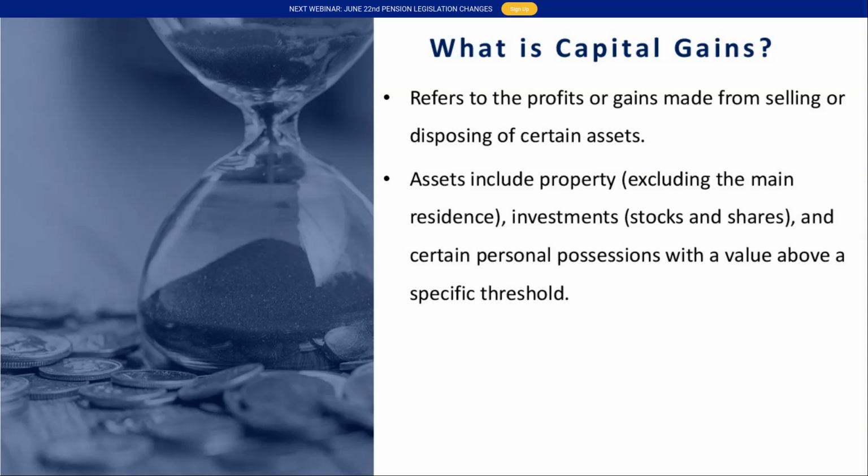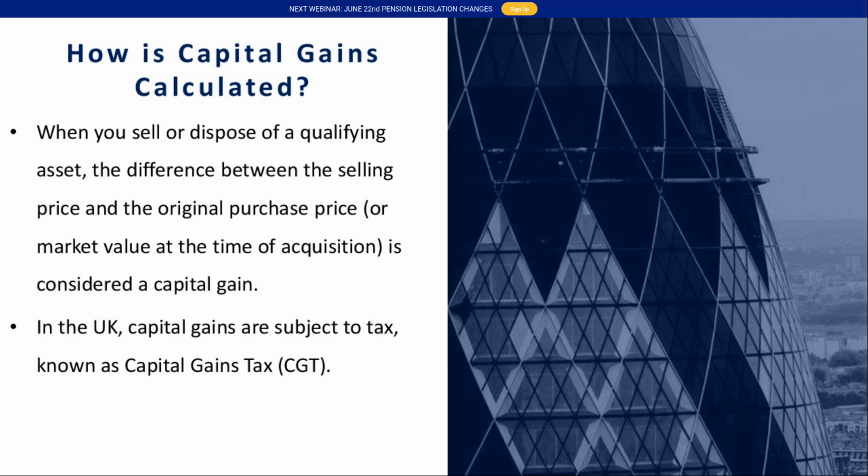It says they're excluding main residence because there is a main residence relief, so if you're selling your main residence, you're not necessarily going to be levied capital gains tax on it. But when we're talking about UK property, we're also referring to your second property or your buy-to-let properties. That's where a potential capital gain might arise.